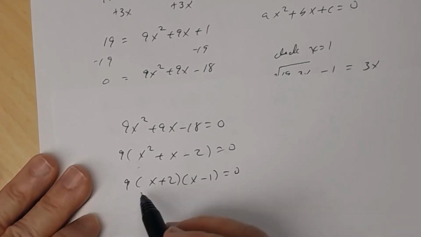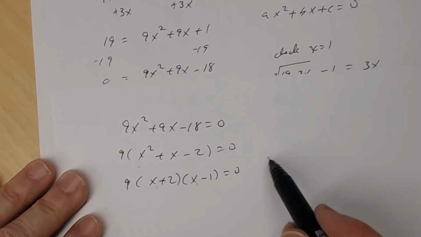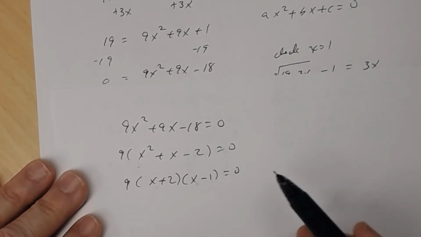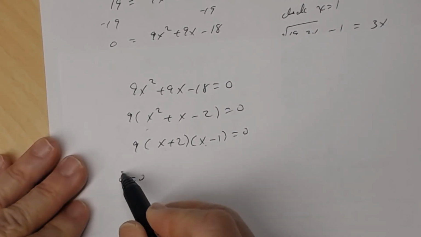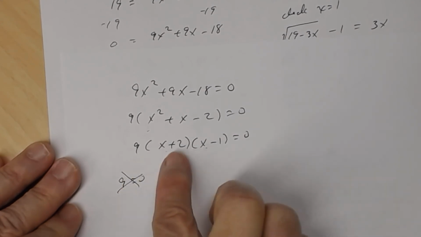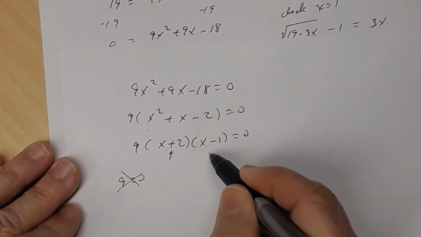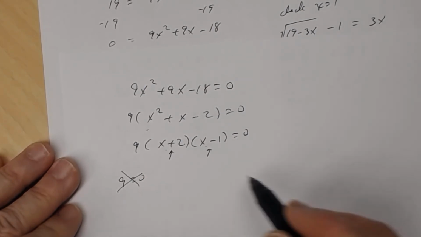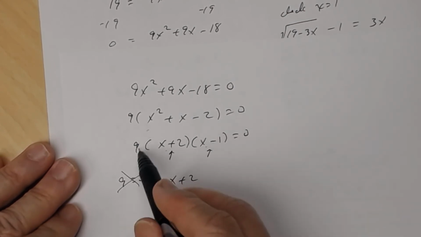Okay? And then notice there are 3 factors equal to 0. And so you would say, I'm going to set each factor equal to 0. Well, the problem is, remember that when you set 9 equal to 0, that doesn't make any sense. So really, when you set those factors equal to 0, you want to set the factors that contain variables. These right here are the only 2 factors that contain variables. So you set those equal to 0, because 9 is never 0.